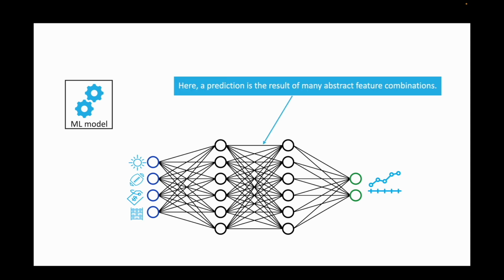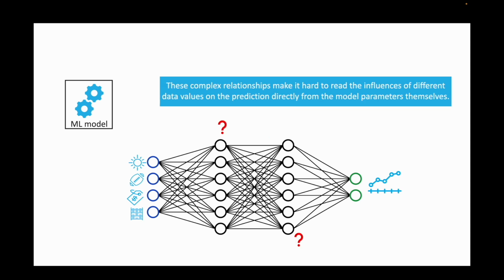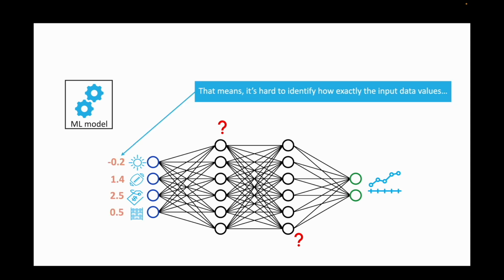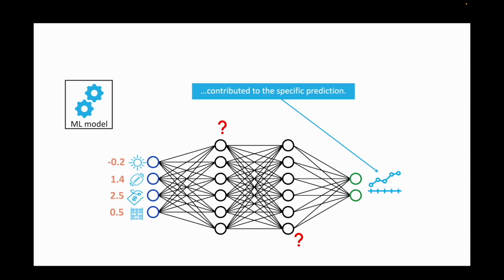Here, a prediction is the result of many abstract feature combinations. These complex relationships make it hard to read the influences of different data values on the prediction directly from the model parameters themselves. That means it's hard to identify how exactly the input data values contributed to the specific prediction.